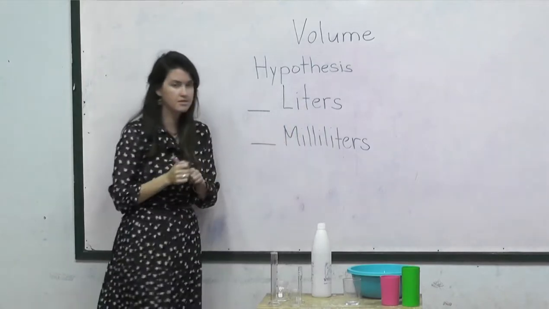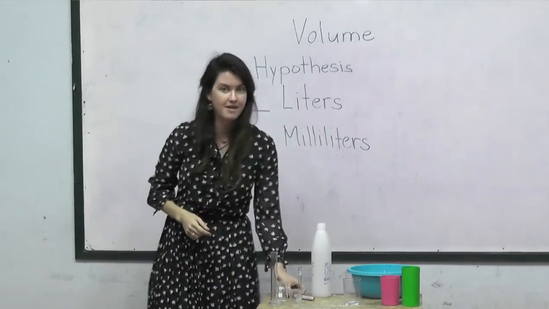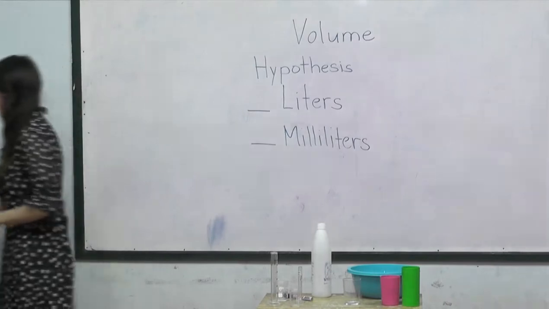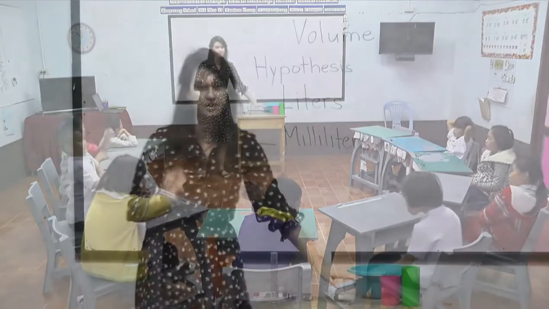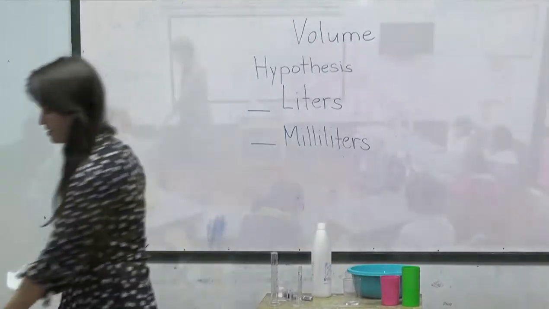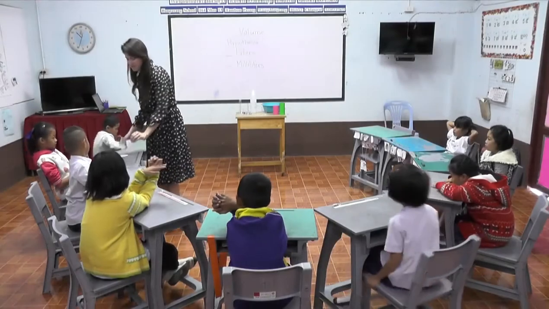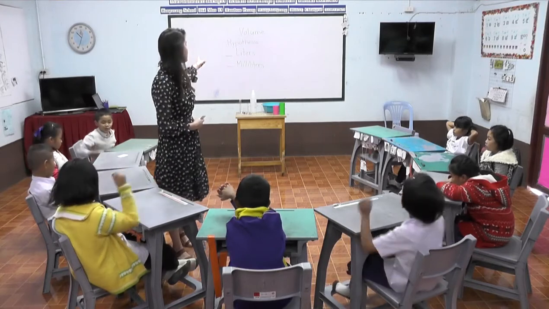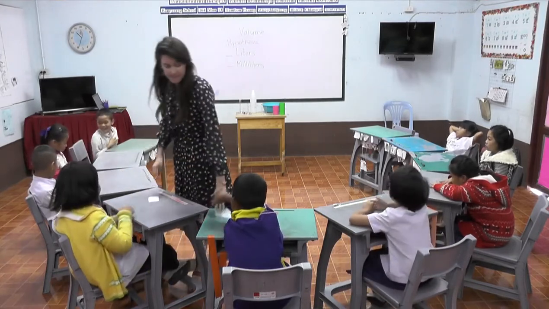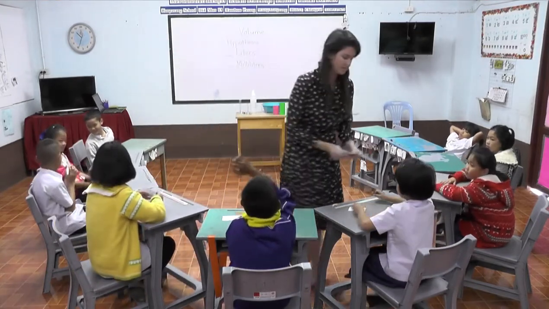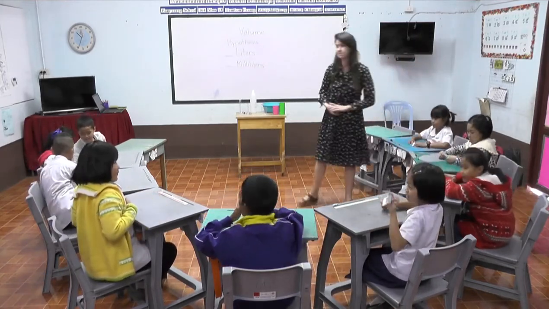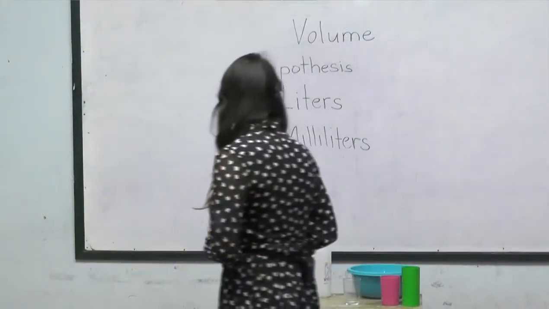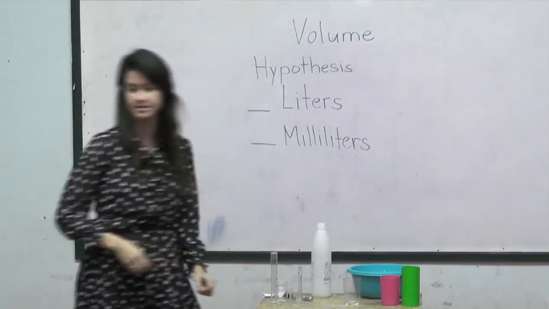Okay, friends, we're all going to take a guess for this first cup on our scratch paper. So on your scratch paper, you're going to write blank liters, blank milliliters, or you can just use an M or an L. Okay? So whoever finishes their guess first is going to help us measure.